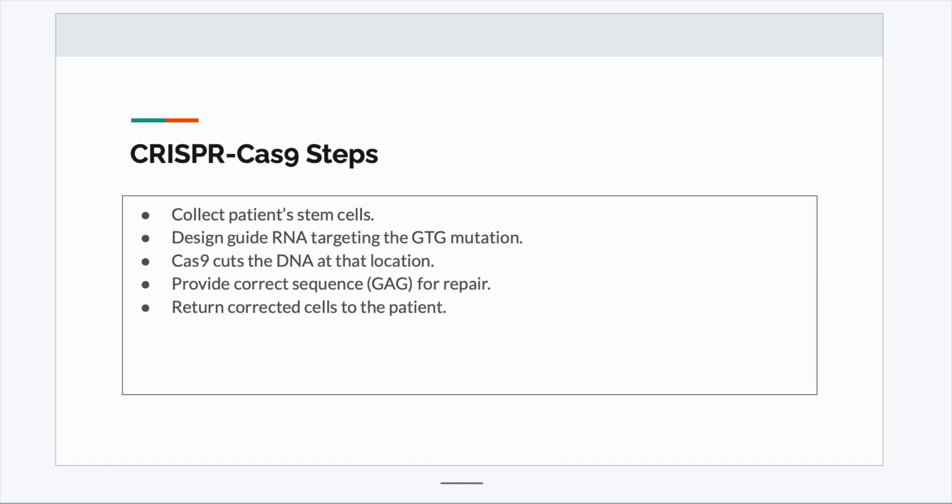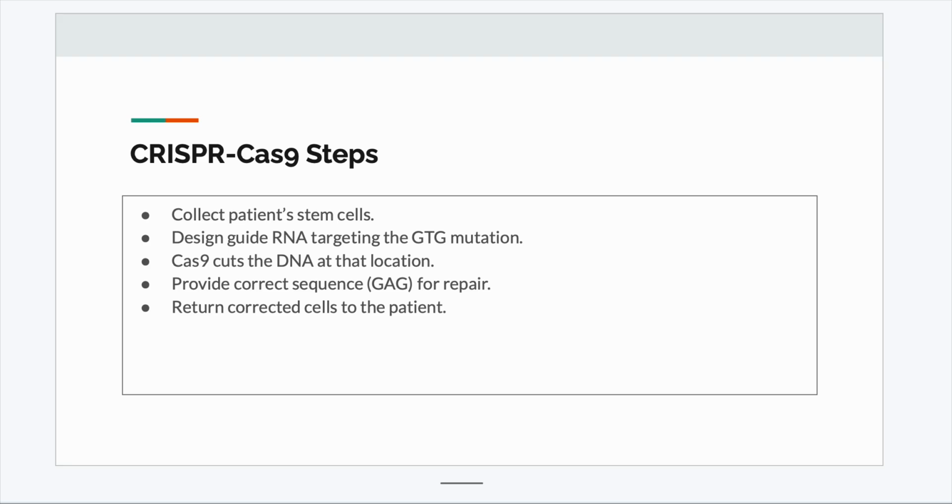CRISPR Cas9 steps. Here's how CRISPR treatment would work. First, doctors collect stem cells from the patient's bone marrow or blood. These are the cells that make all future red blood cells. Then scientists design a guide RNA that leads the Cas9 enzyme to the exact GTG mutation in the HBB gene.